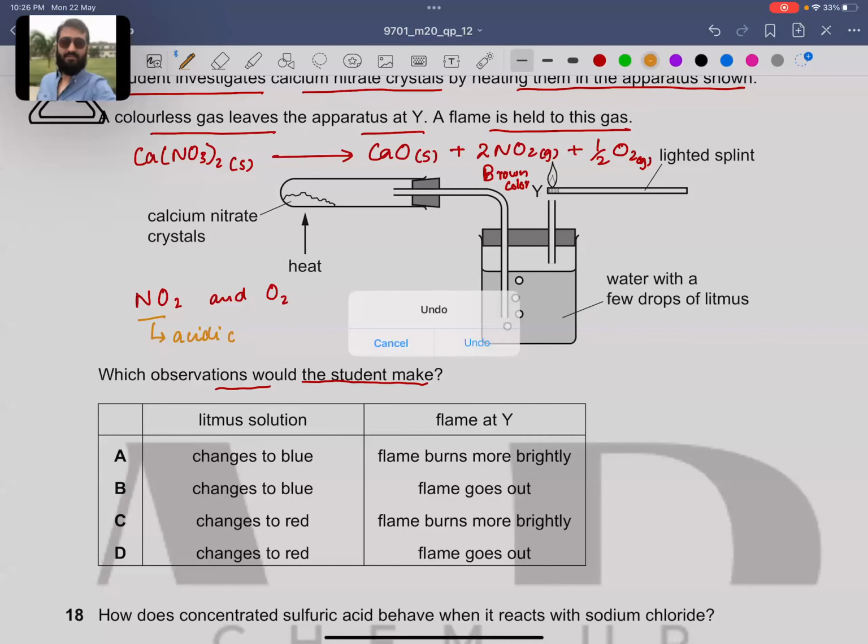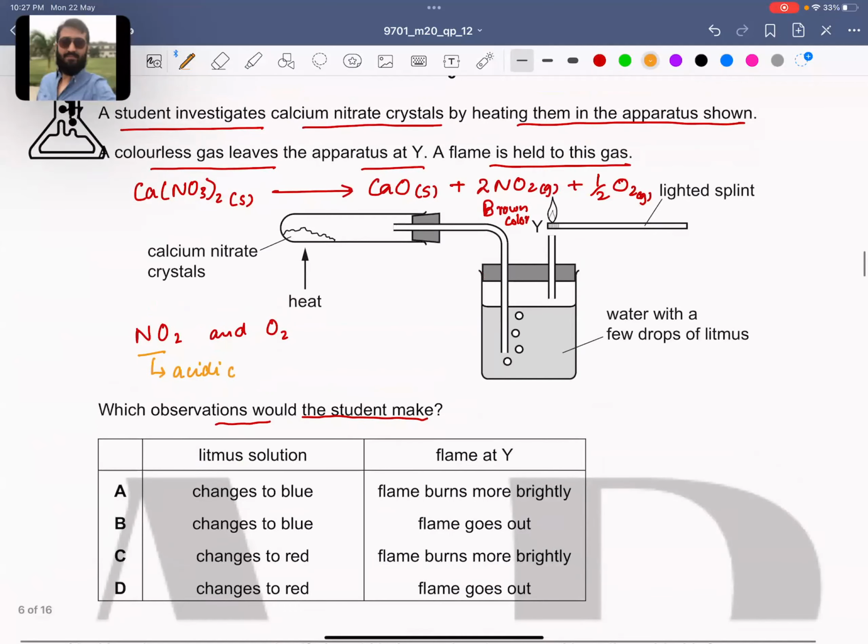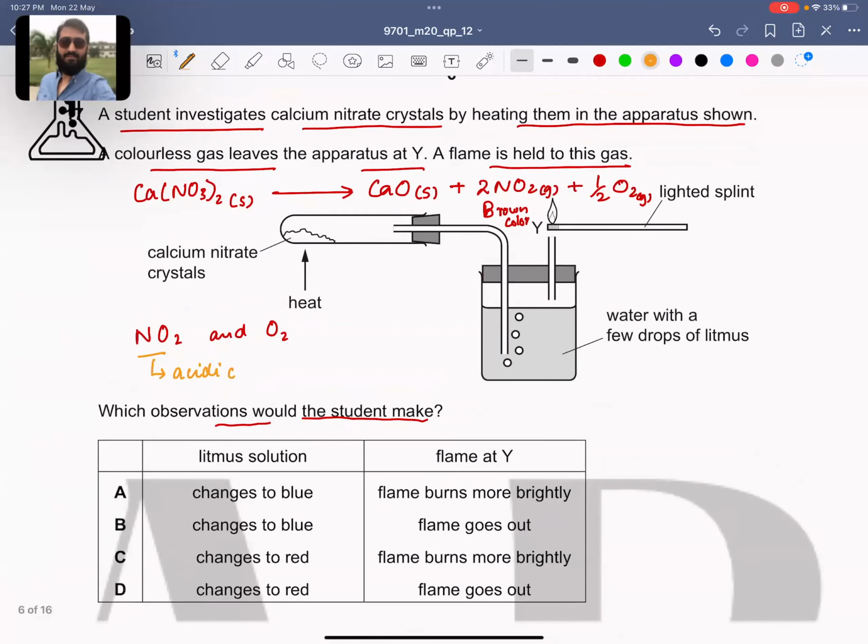Okay, so it's an acidic gas. And if it's an acidic gas, then the litmus changes to red. And if the litmus changes to red, then A and B both are wrong.